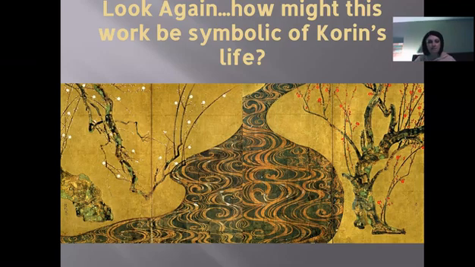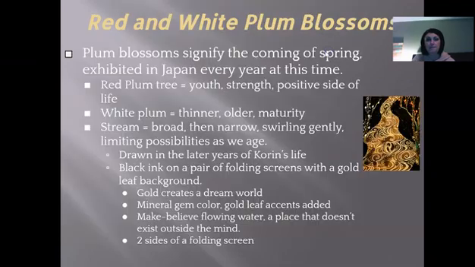So we have this moment of maturity in our life where we go from young to old. And then after that, our life starts to kind of narrow as we go towards aging. But during this time, we have all these swirls and chaos and things that are going on. So this may have been his symbolic painting of maturity, going from a youth to understanding this world that he's living in.